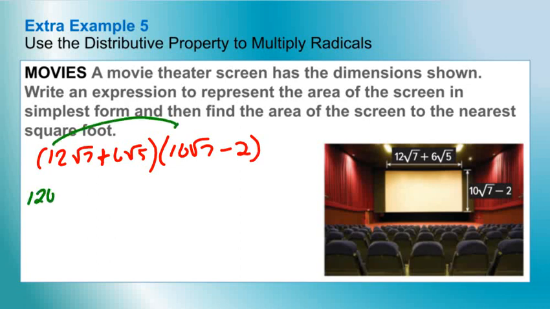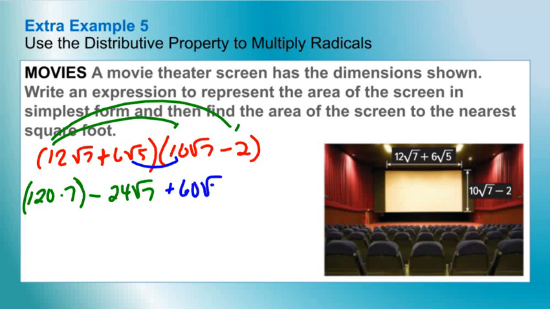It distributes. That gives us 120 times 7, because square root of 7 times square root of 7 is 7. Then I have plus 24 square root of 7. Actually, that's a minus. Then distribute here, so we get a positive 60 square root of 35 minus 12 square root of 5.